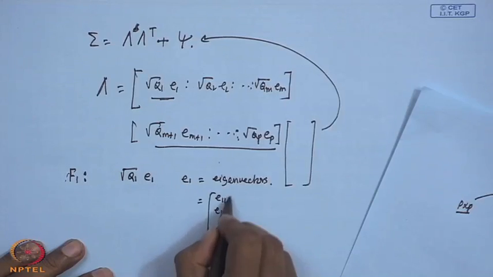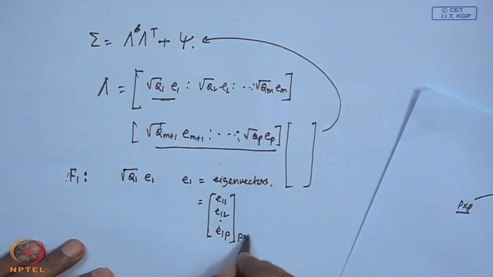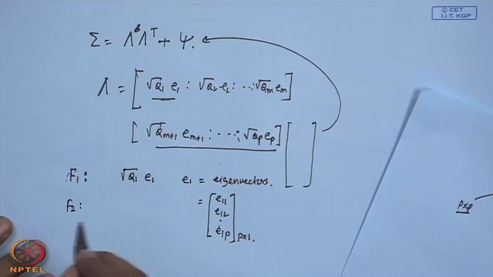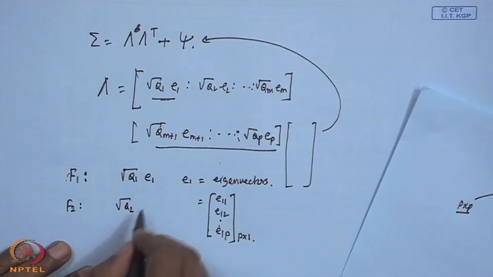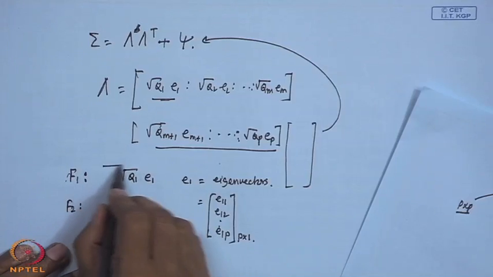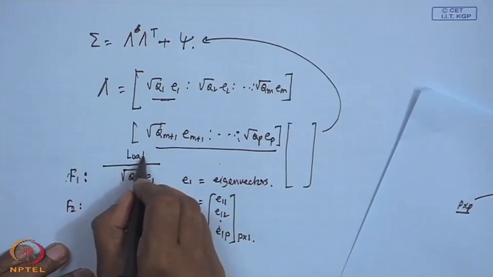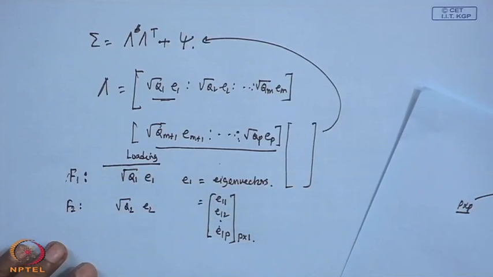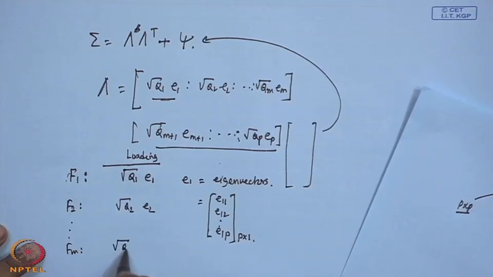So how many variables are there? P variables, P cross 1. So for factor 2, it will be root q2 e2. I am talking about the loading part. Similarly, for factor m, this is root qm em.